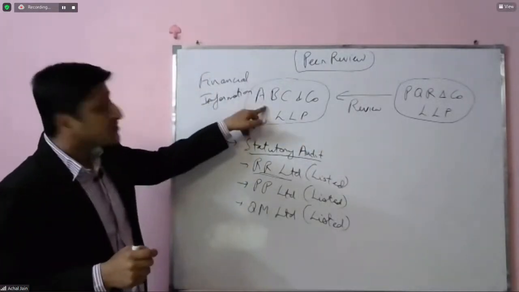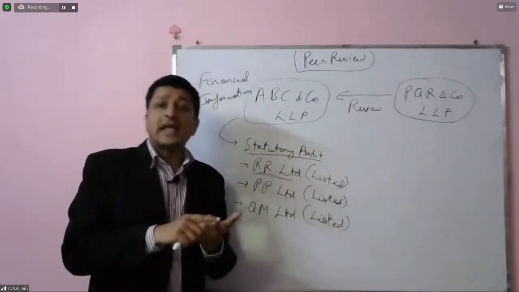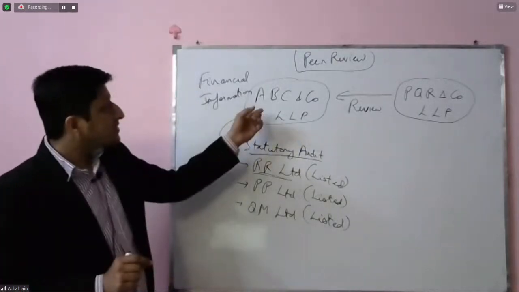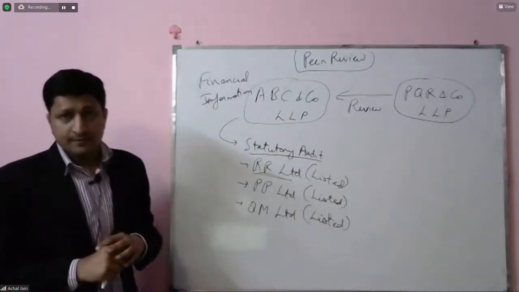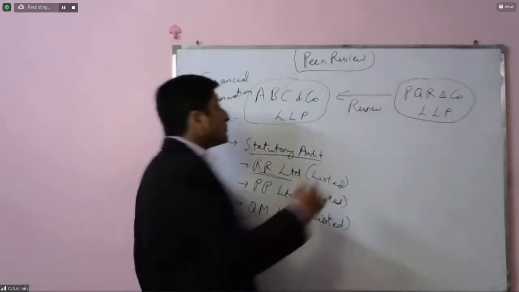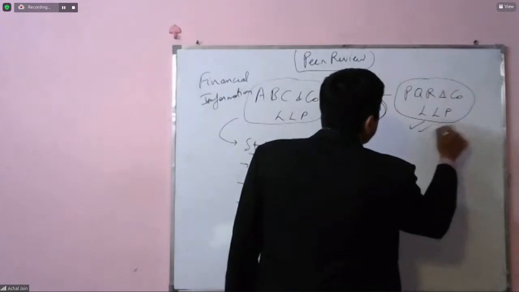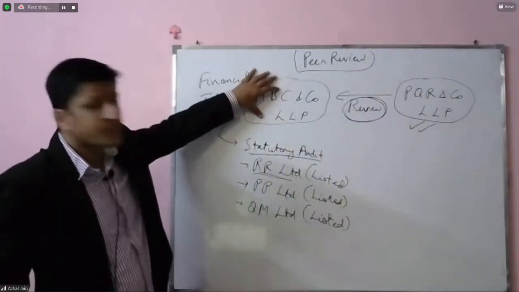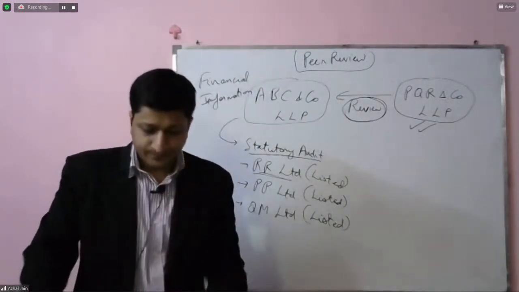Whatever audit this firm would have done, whether this firm has applied all the relevant auditing standards, whether this firm has applied all the relevant accounting standards. Yeah. So this is something which will be reviewed by another firm. So this will be that another firm which will review the work which is performed by this firm. This is what we call as peer review.